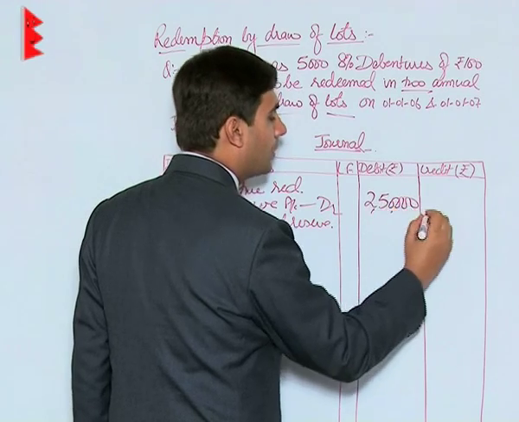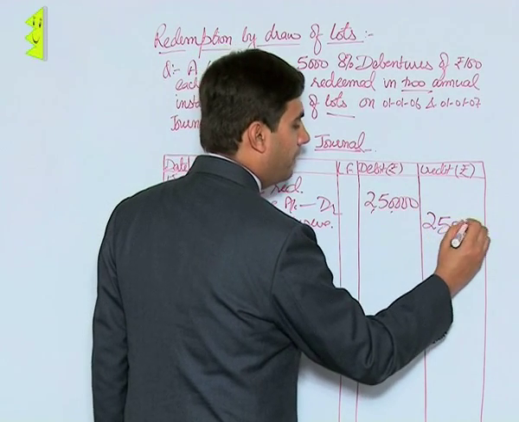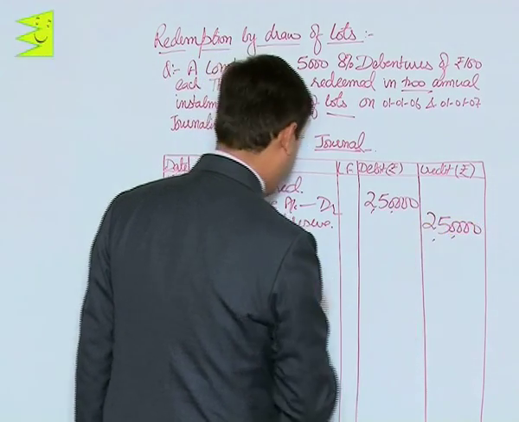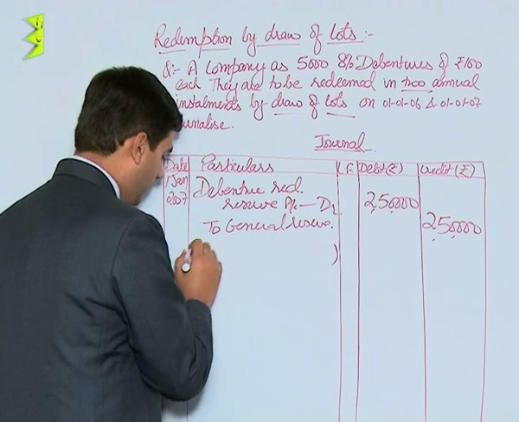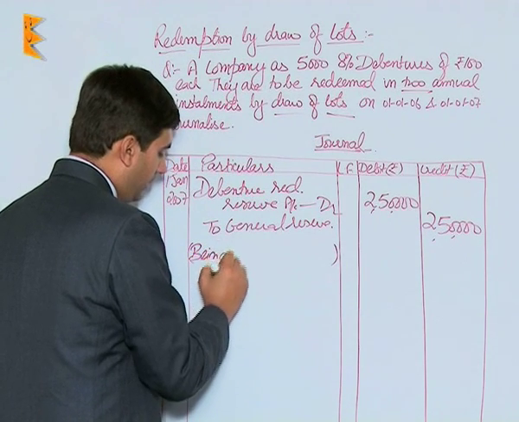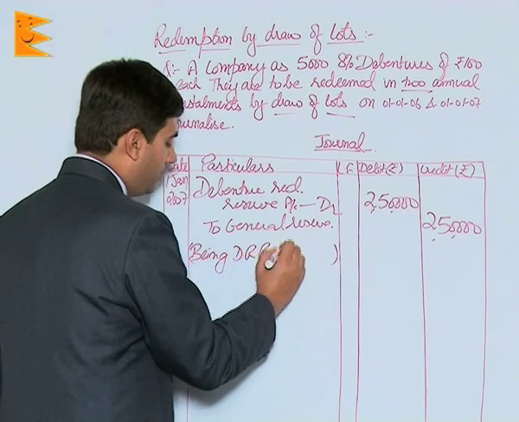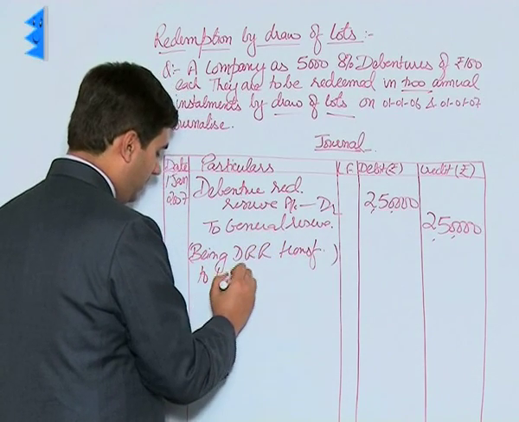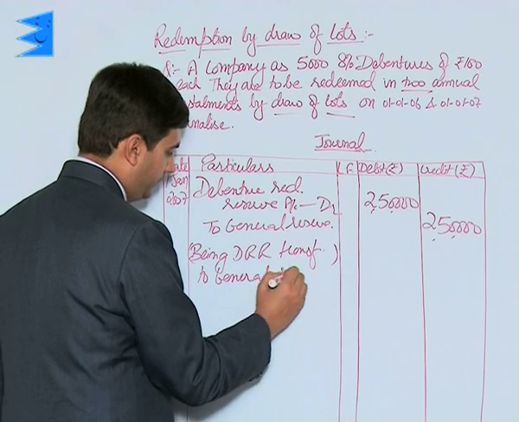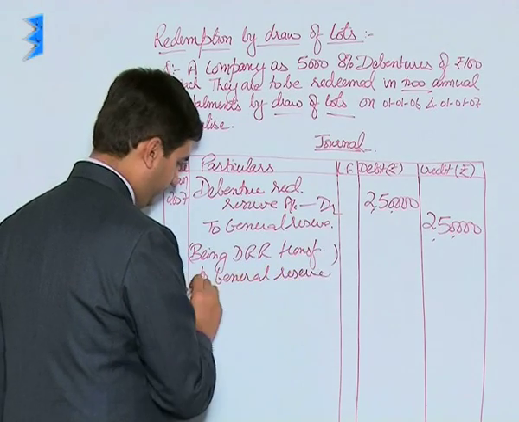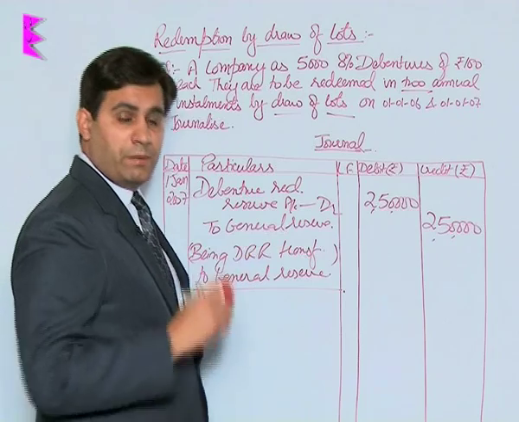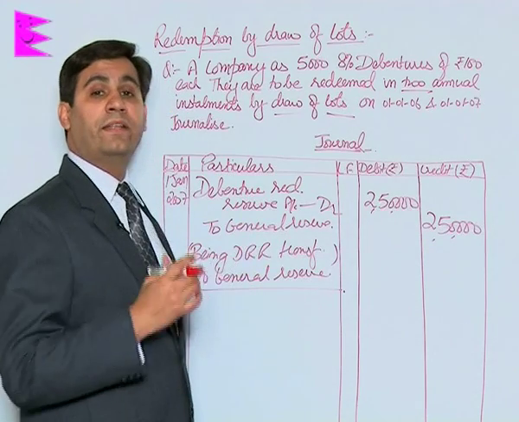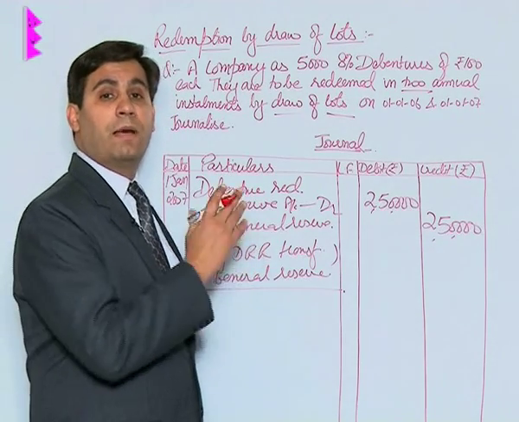That is the amount standing to the credit of debenture redemption reserve. The narration for this would be being DRR transferred to general reserve. Remember, this should be the last entry in case of redemption by lump sum as well.